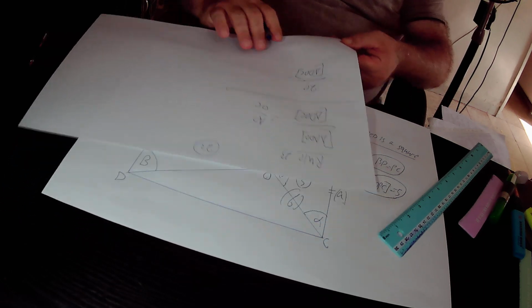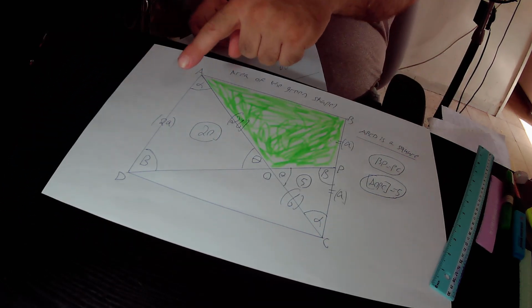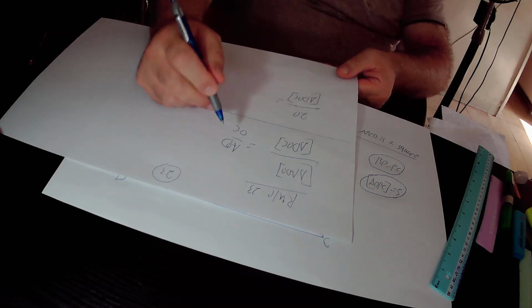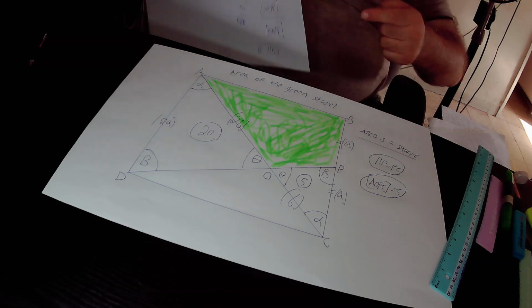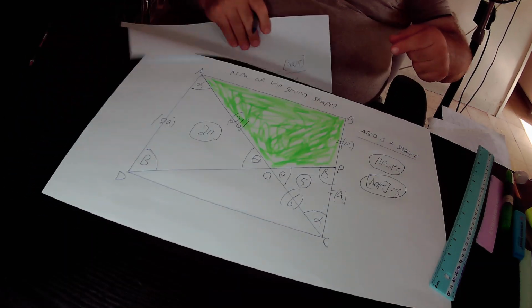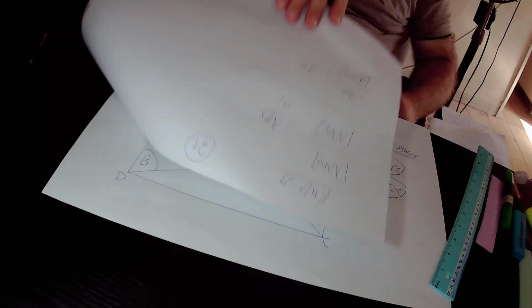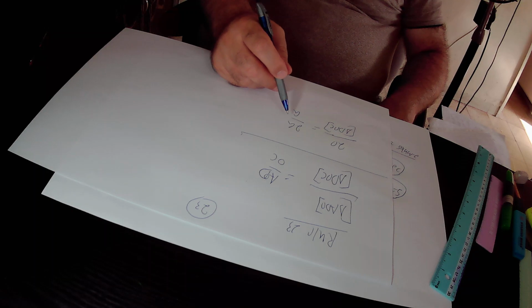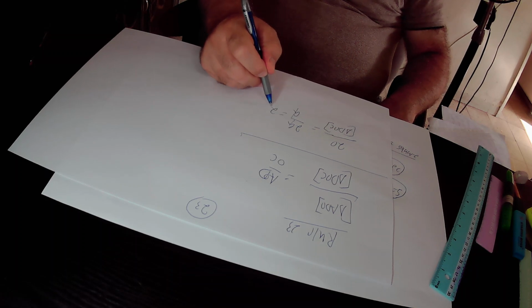And it is equal to AD, which is 2A, over OC. OC is A. So we have A in the numerator and A in the denominator, so A will get cancelled, and we are left only with 2.